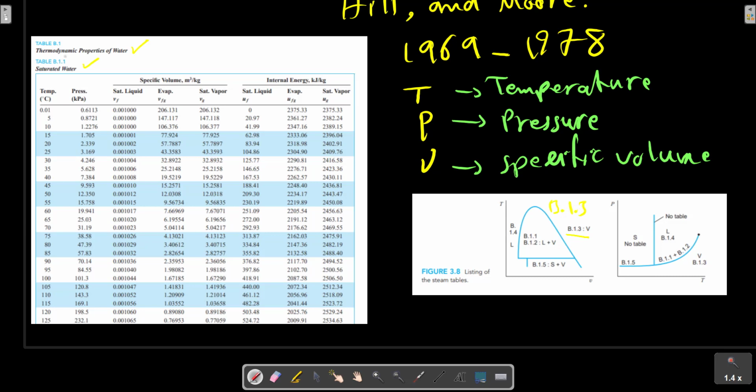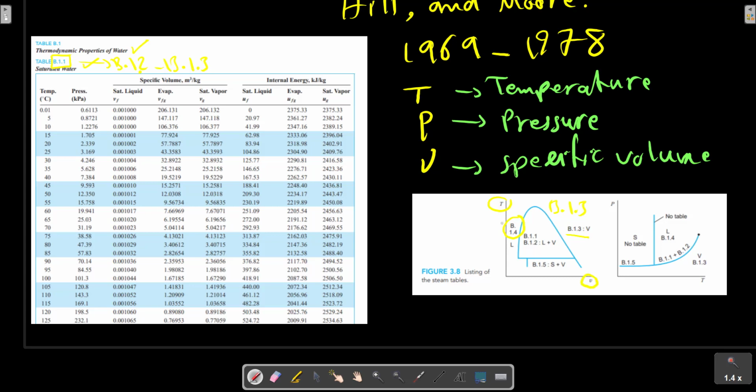This is the table B11 and the next table is B12, up to B13 for the superheated region, and that of the compressed liquid is in the next table, on the left side of the pressure, temperature, specific volume diagram.